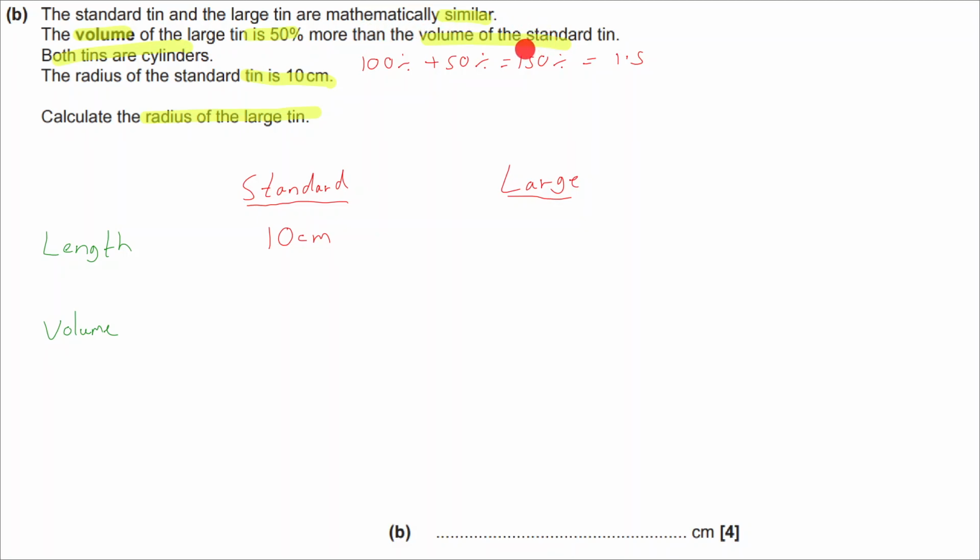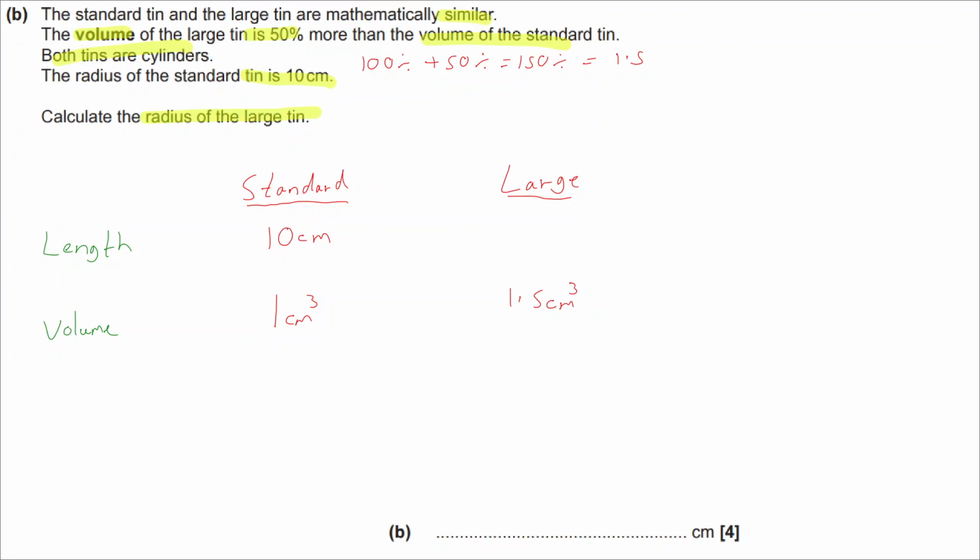Let's designate a volume for the standard tin. Let's say it's 1 centimeter cubed. The larger tin must therefore be 1.5 times this 1, which would be 1.5 centimeters cubed. What's important to note here is we're looking at our scale factors.